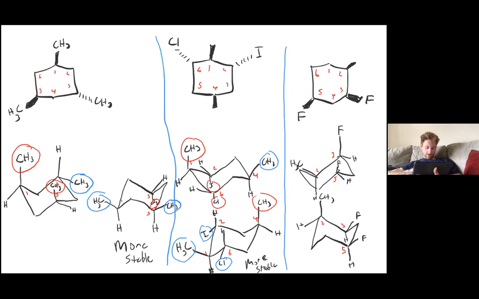Taking a look at our equatorials versus axials, we've got 1 equatorial versus these 2 fluorines on equatorials. This one has 2 axials, this one only has 1, so our bottom one should be our more stable. Don't know why it keeps being the second one.